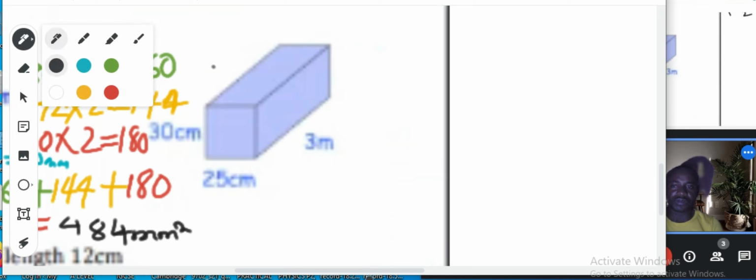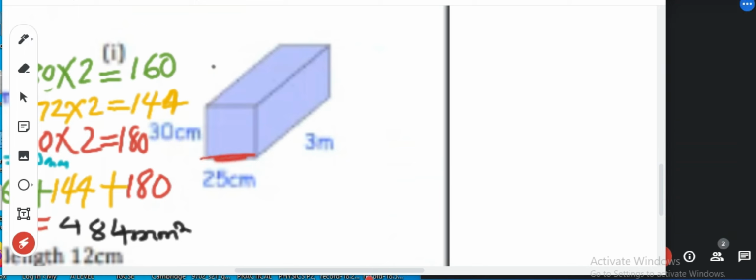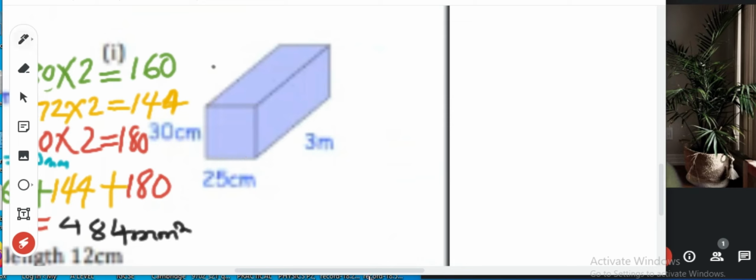You know, this one should be this particular face. We can start with this, or let's start with this one that is facing us. This particular face should be this length times this, which is 30 times 25.